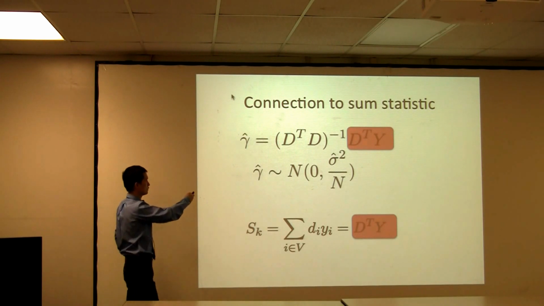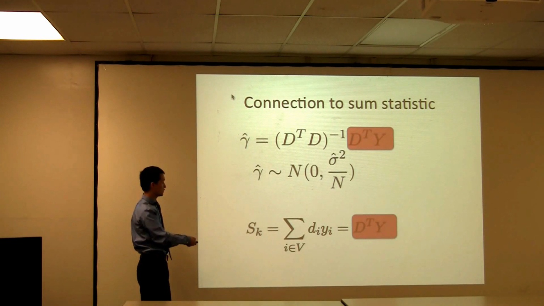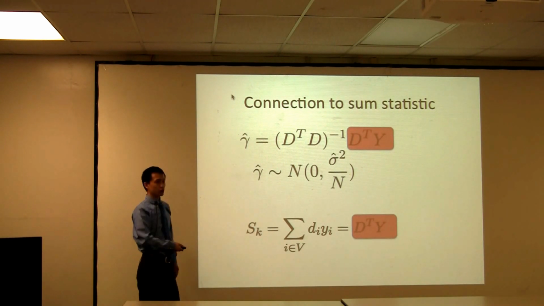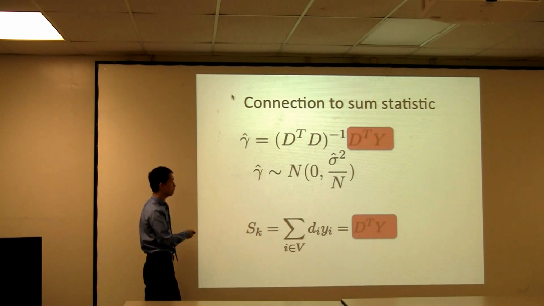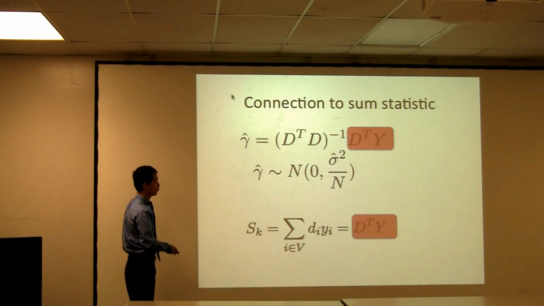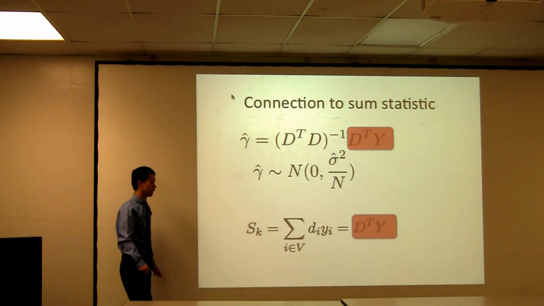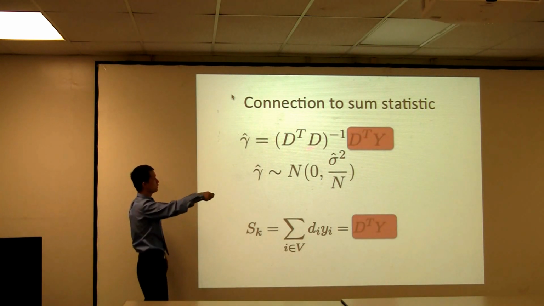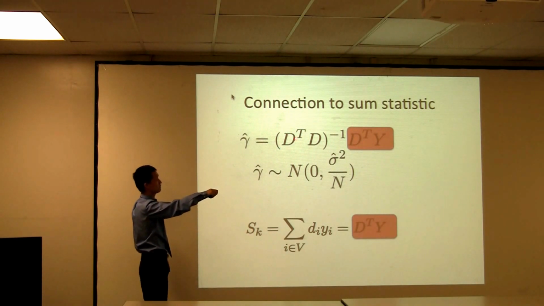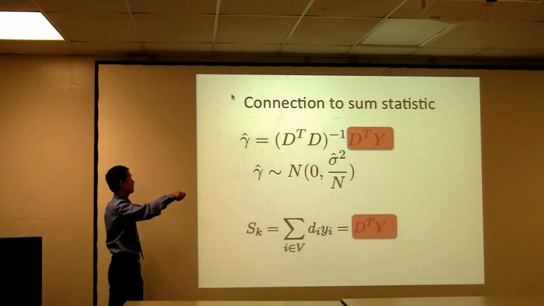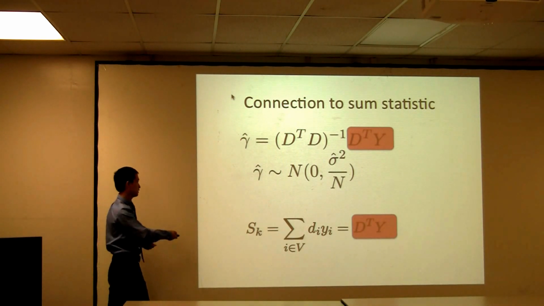So we know that under the null hypothesis, S_k will also follow a normal distribution, and we are able to compute the p-value of S_k from the normal null distribution. Actually, because they only differ by a constant factor, the p-value of gamma here will be exactly the p-value of S_k.